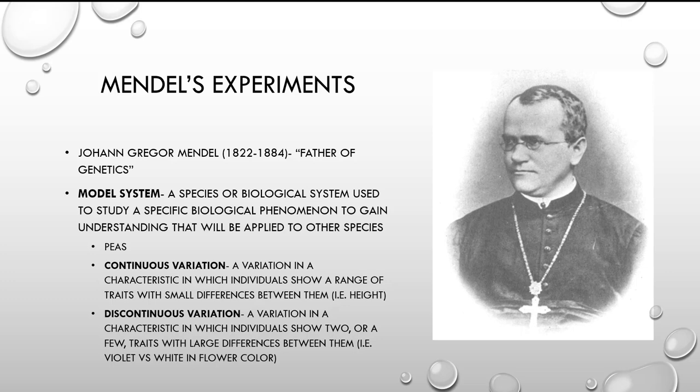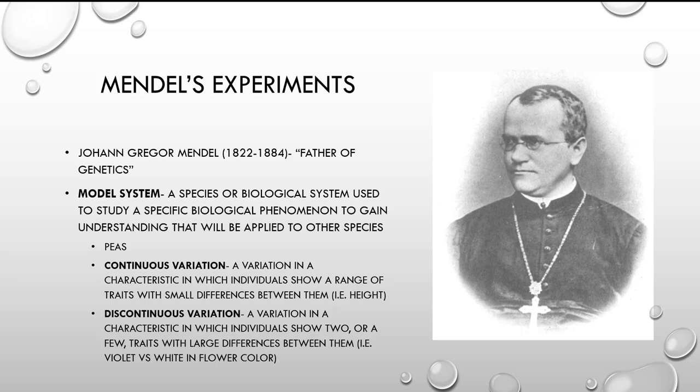With what he learned, he typically looked at what's called discontinuous variation. Discontinuous variation is variation in a characteristic in which individuals show two or a few traits with large differences between them. For example, pea plants come in two different flower colors: violet or white, at least this particular species that he was working with.